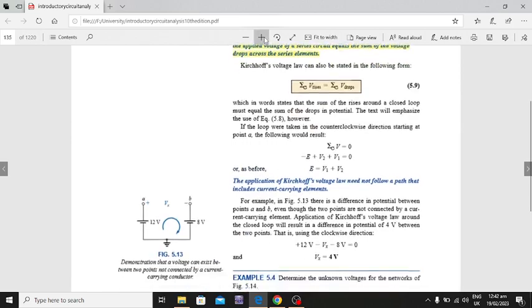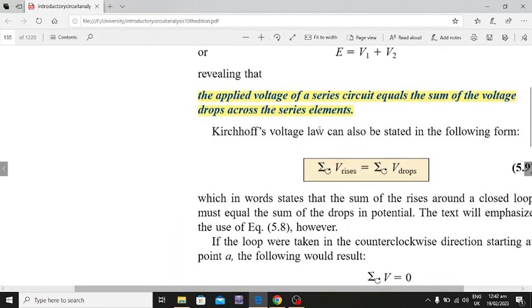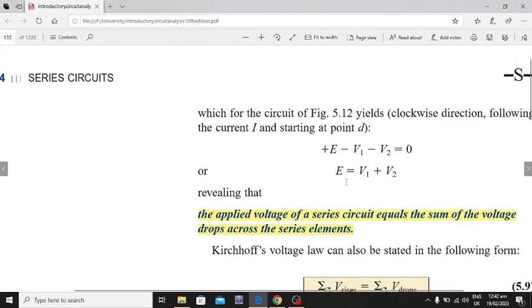One thing I want you to memorize is that we need the sum of the potentials: plus E, potential rise, here potential drops minus V1, here another potential drops minus V2, and these are equal, the potential rise is equal to the potential drop.